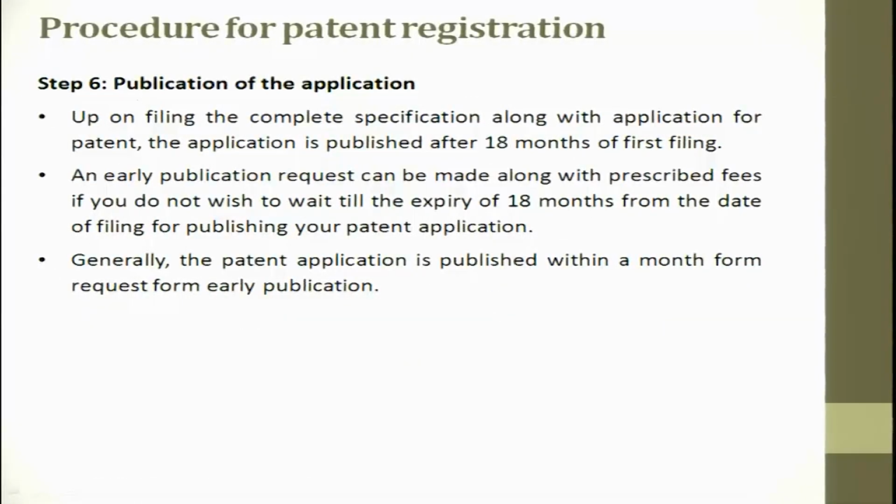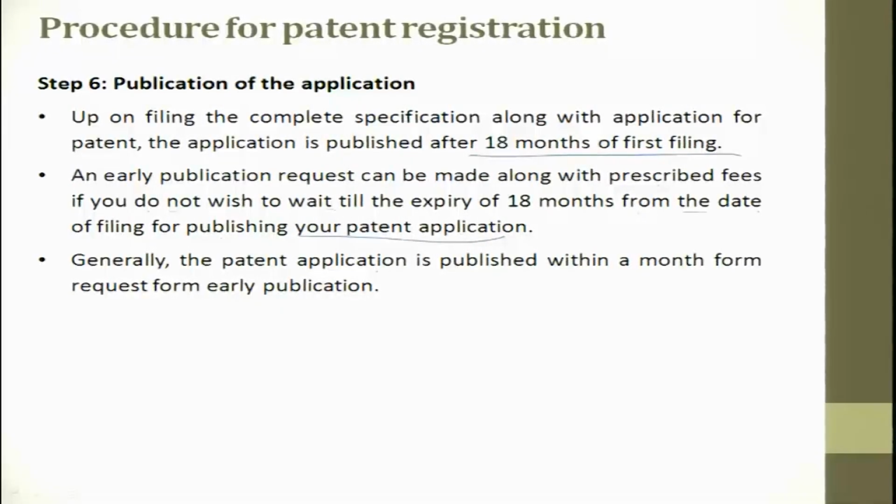So, then publication of application. Upon filing the complete specification along with the application for a patent, the application is published after 18 months of the first filing. So, an early publication request can be made along with a prescribed fee if you do not wish to wait till the expiry of 18 months from the date of filing for publication of your patent application.